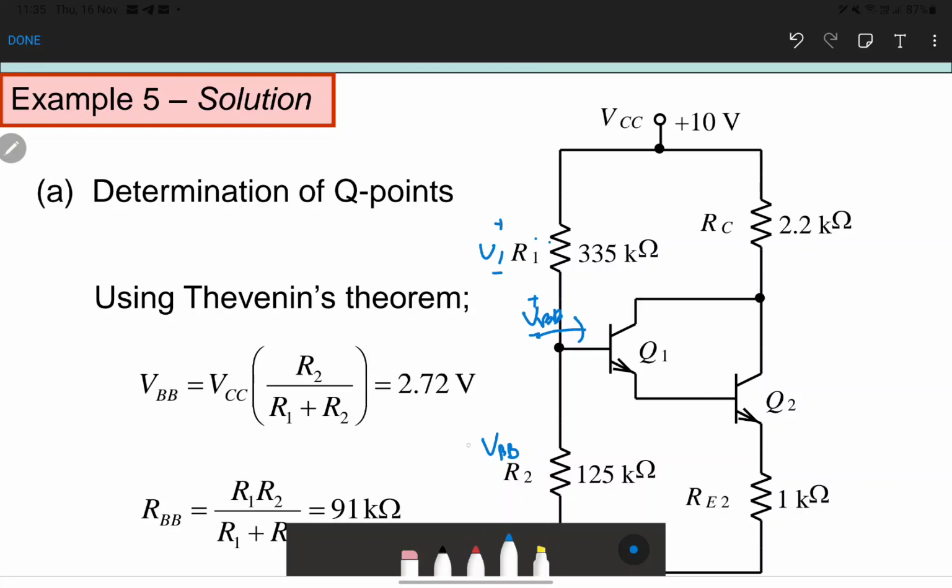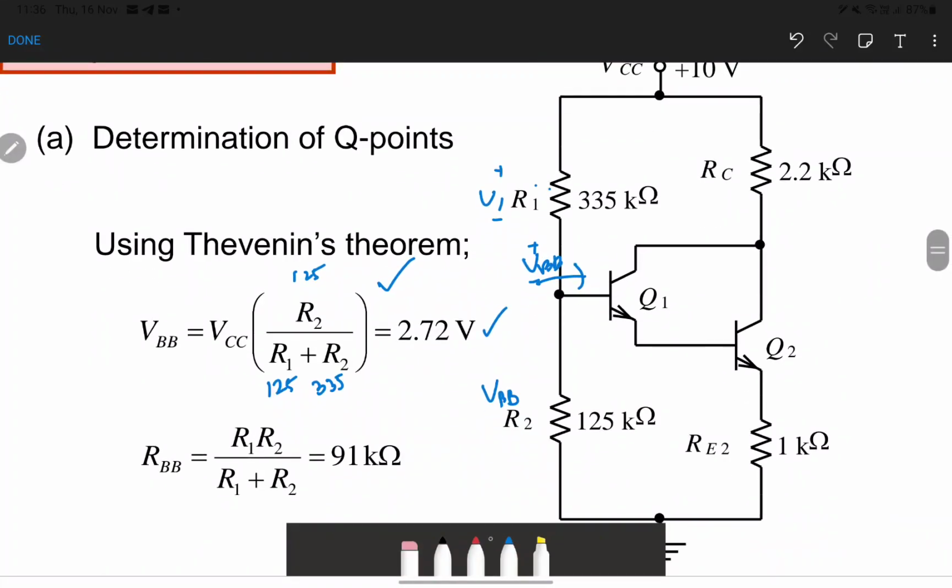That's why we use the voltage divider formula by putting R2 at the top. Then you replace the values, 125 over 335 times VCC, and you get the value 2.72 for VBB.